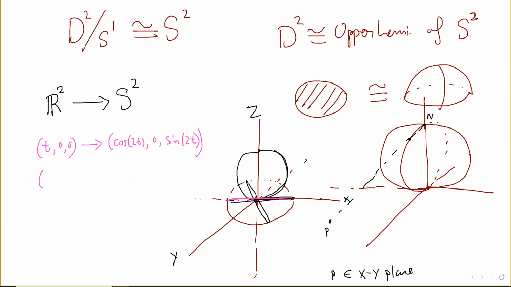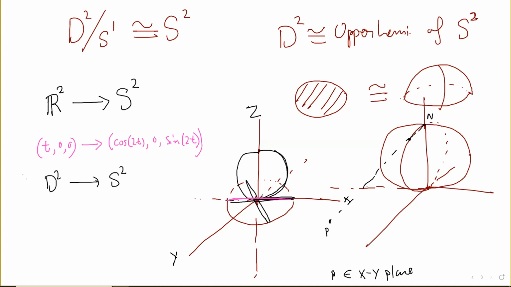If it's just an arbitrary line, it's inside R cube, but I am taking a map from D2 because I want to get a map from D2 to S2.